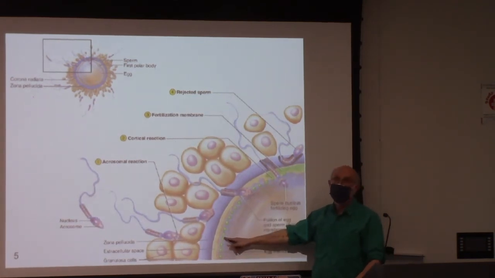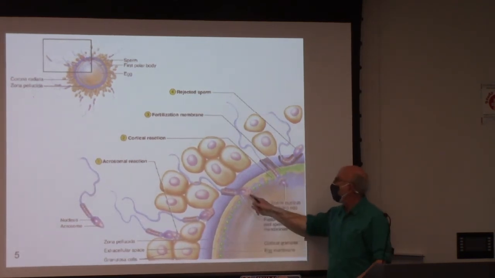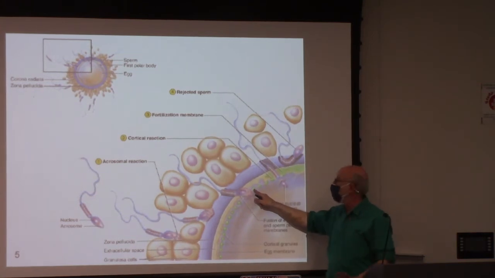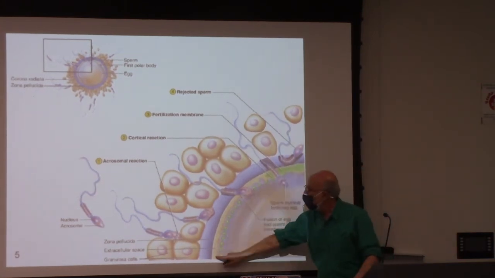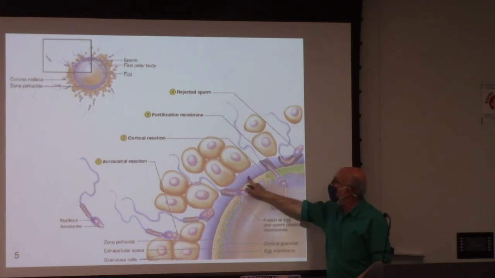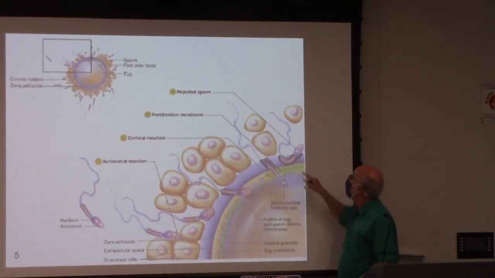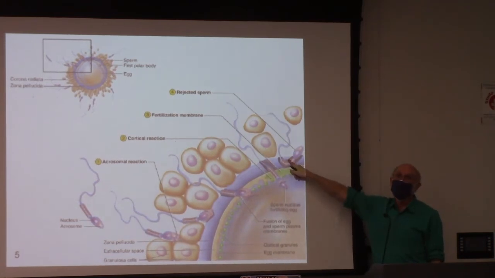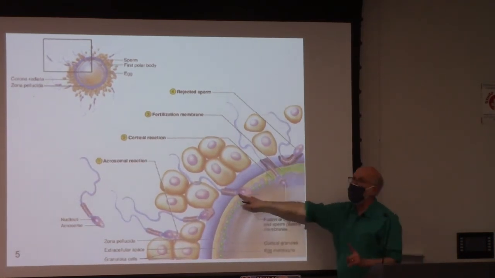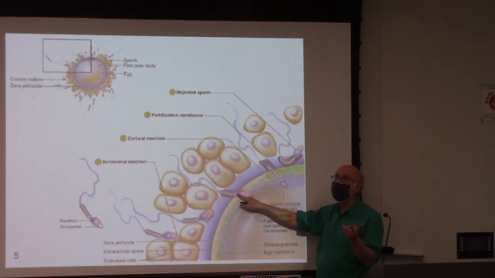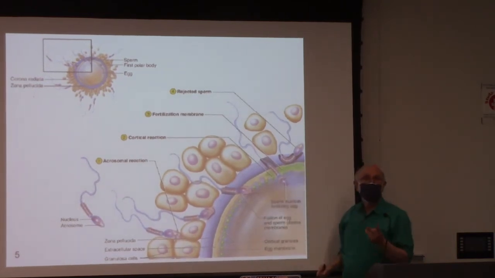Exocytosis really. And the content of those granules changes the extracellular space and the remaining zona pellucida, so that sperm can no longer get through. Because we want one and not two sperm to get through.